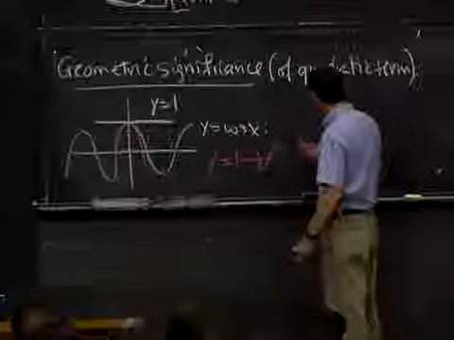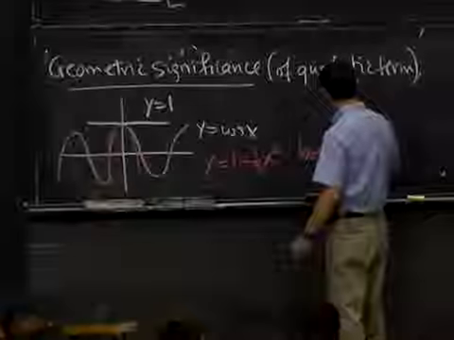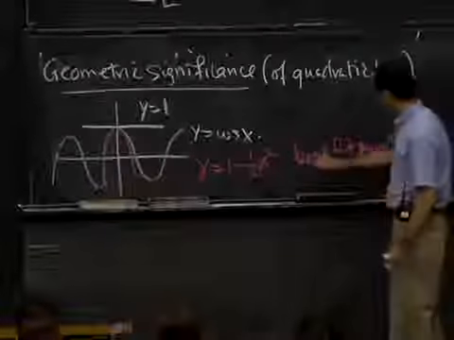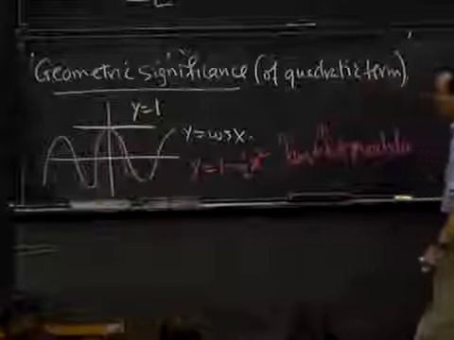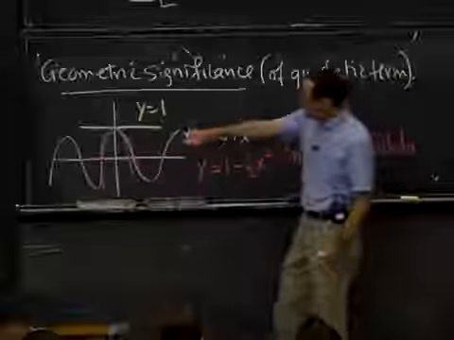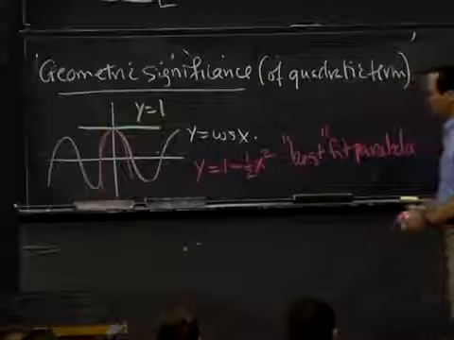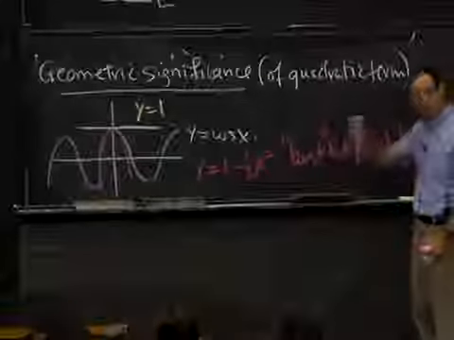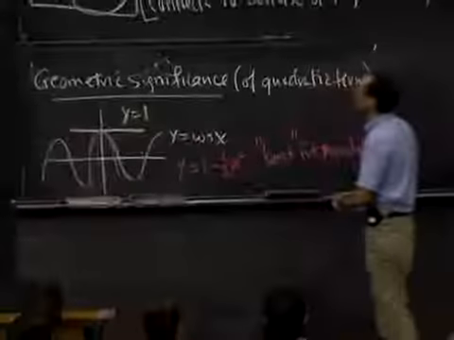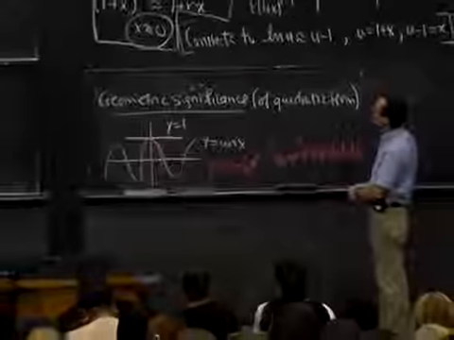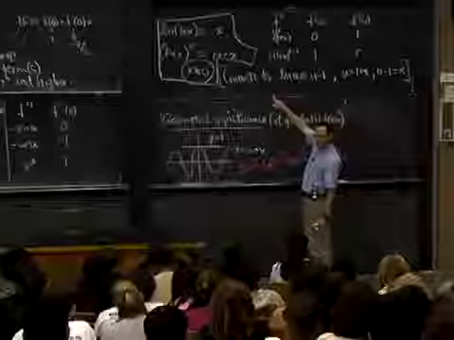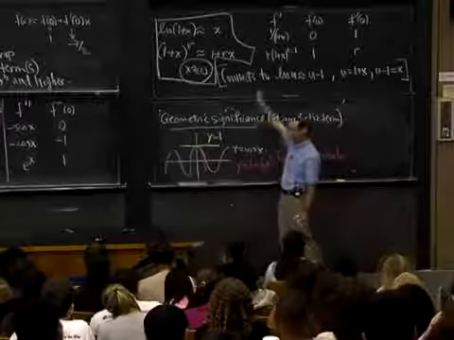And this is, if you like, the best fit parabola. So it's going to be the closest parabola to the curve. And that's more or less the significance. It's much, much closer. All right. I think we'll save these other derivations for next time because we're out of time now. So we'll do these next time.